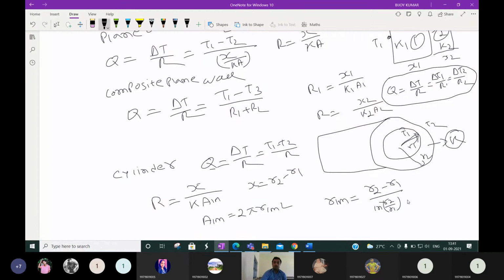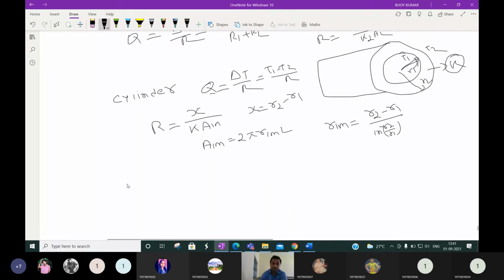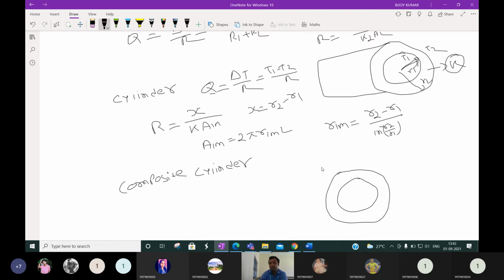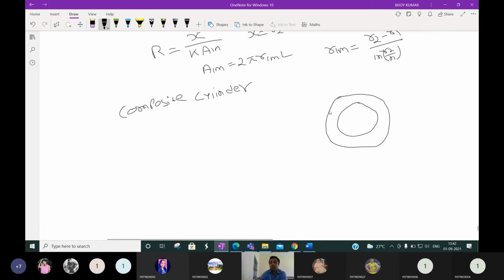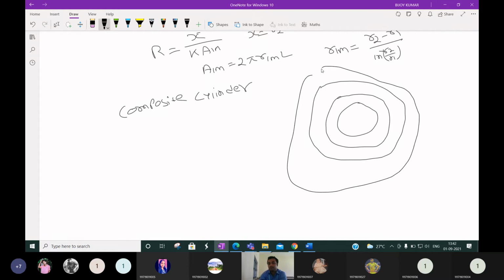If a composite cylinder is there, meaning suppose three cylinders are connected in series, this is the first cylinder, this is the second cylinder, and this is the third cylinder.